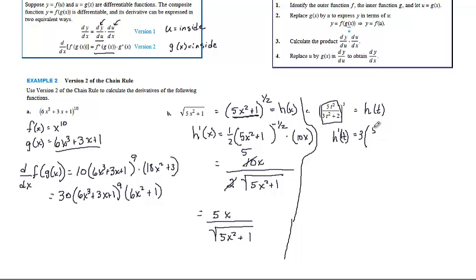So leave the inside alone, 5t squared all over 3t squared plus 2 to the second power, because now I took the derivative of the outside, because that's 3 with the whatever to the second power. Now I need to take the derivative of the inside. The derivative of the inside involves the lovely quotient rule. Thank you so much. So it's going to be low d high.